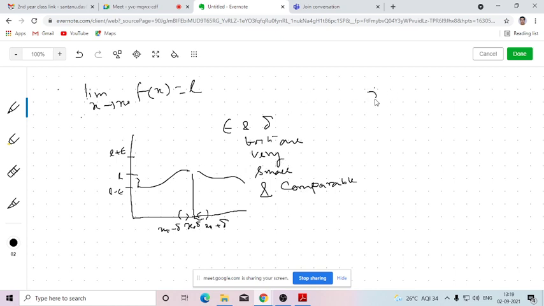I gave the example of the function (x square minus 4) by (x minus 2). Since at 2 the function is not directly defined, we need to take the limit.